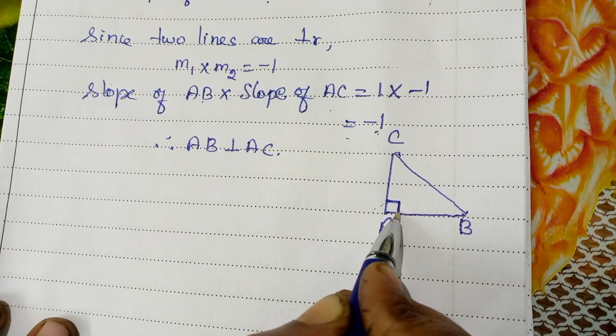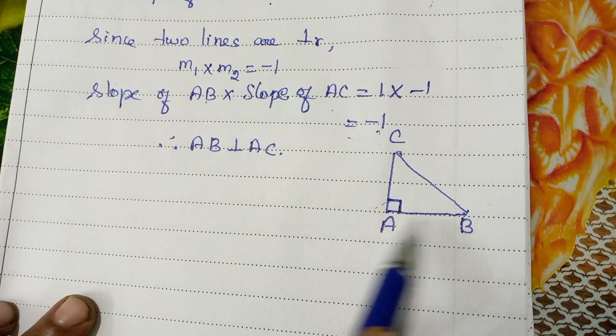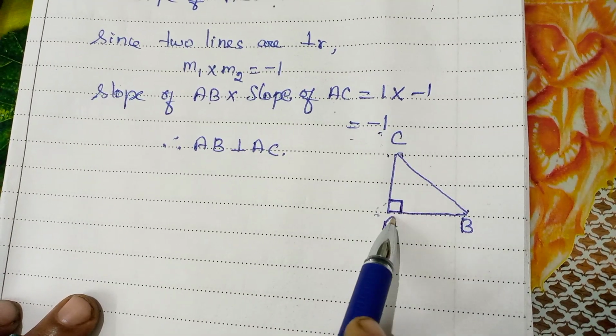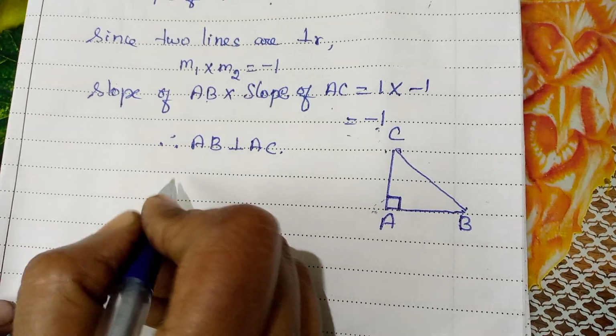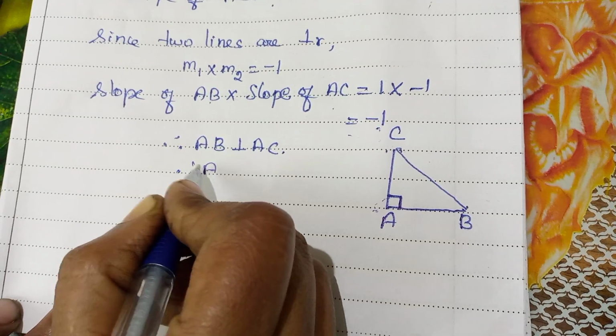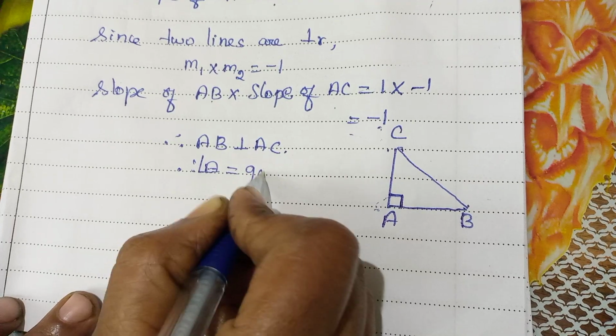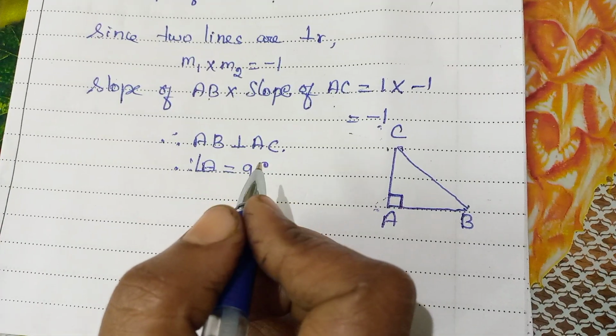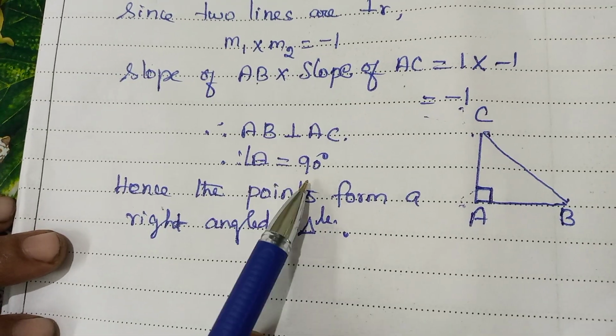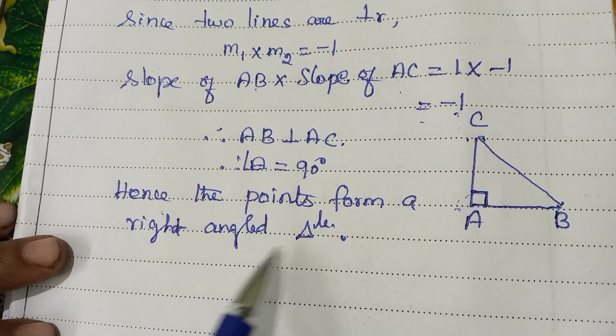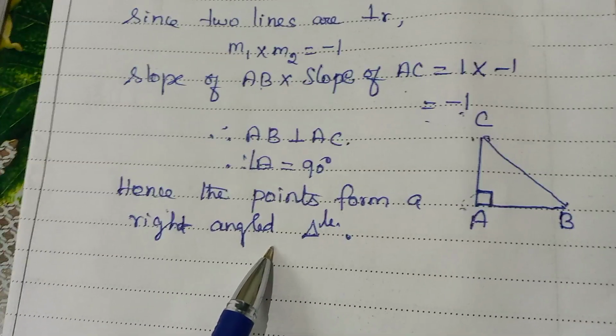By that we can say AB perpendicular AC, and angle A is equal to 90 degrees. So angle A equals 90 degrees, hence the points form a right angled triangle.